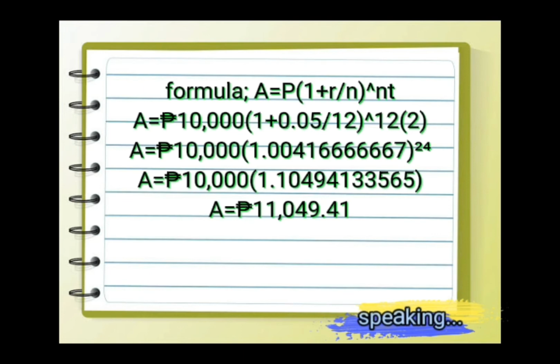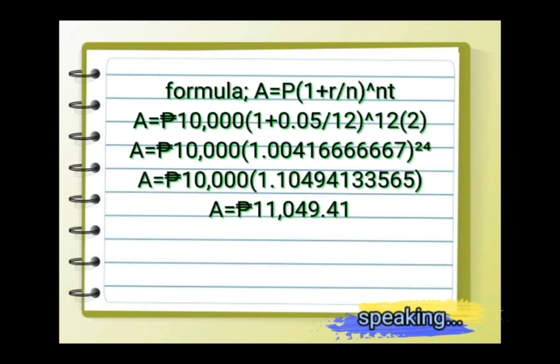So, we have A equals 10,000 pesos for the principal, times the quantity 1 plus 0.05 for the interest rate, over 12 for the periods per year, raised to 12 times 2 for 2 years.